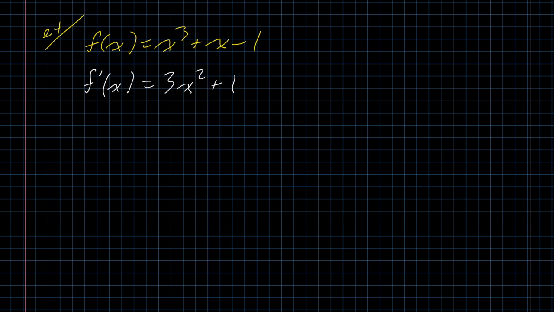And if I graph 3x squared plus 1, I don't need the details here, but it's going to be a parabola. And the important thing is it's always going to be positive. If the derivative is always positive, then the function is always increasing.